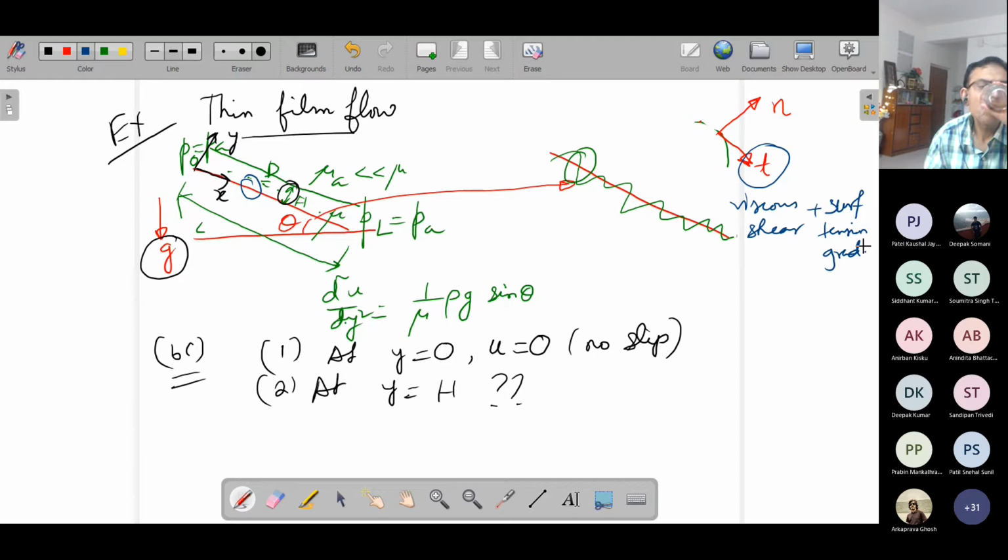So all in all, you will get a force balance where you will have the vector sum, or in this case the algebraic sum, in the tangent direction for shear force: viscous shear and surface tension gradient driven shear.